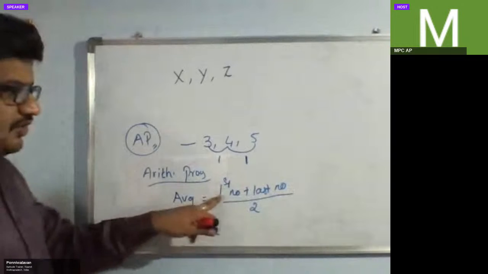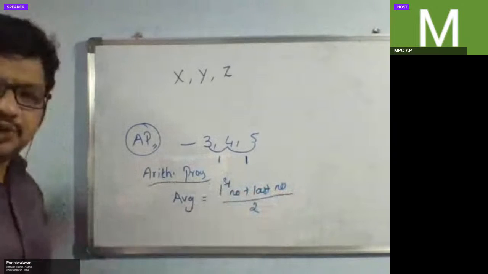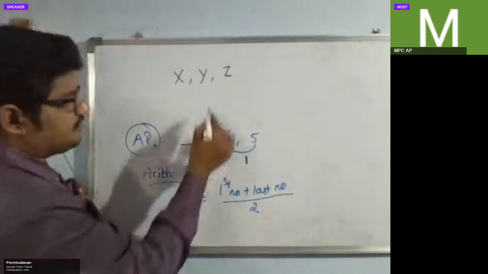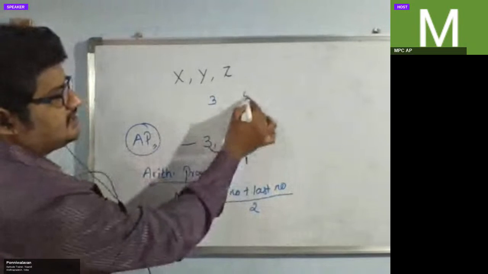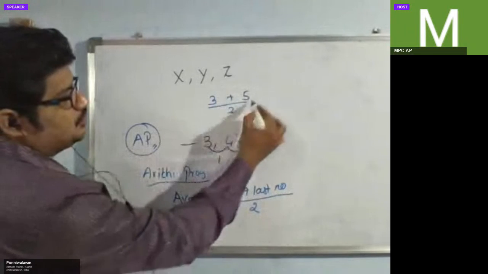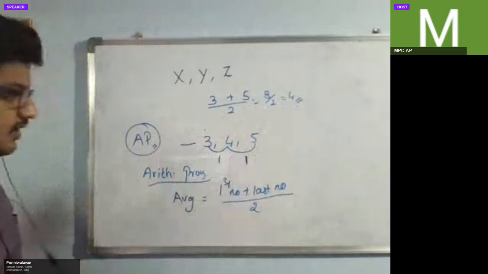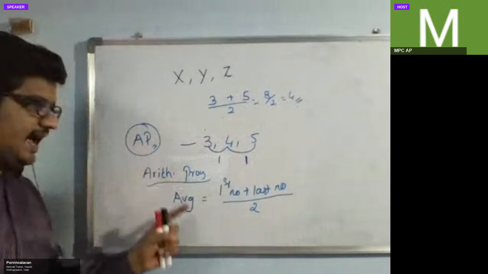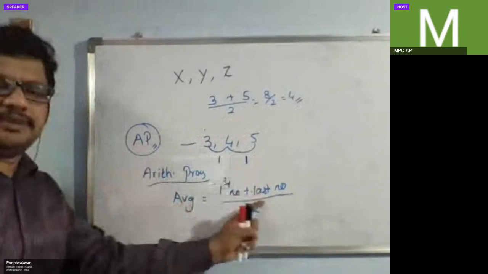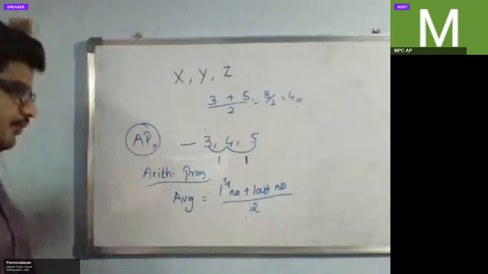What is the first number? 3. What is the last number? 5. 3 plus 5 divided by 2, so it is 8 by 2, 4. If it is AP, average is first number plus last number divided by 2.